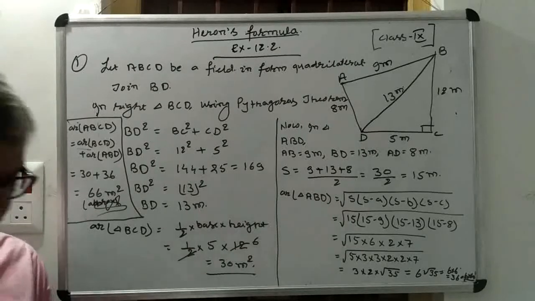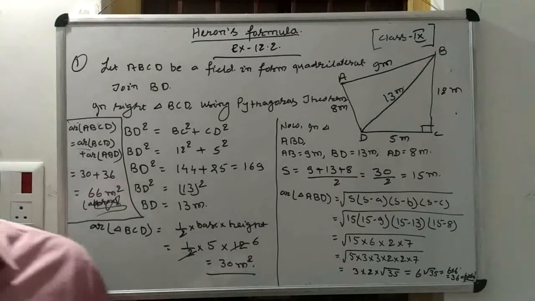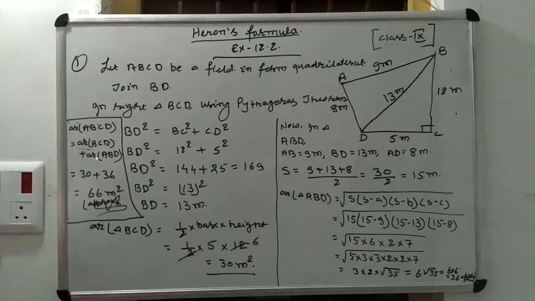So in this way you can solve the area of this quadrilateral. This is the method, children, by which you have to apply it, exercise 12.2, and your answer to question number 1 is 65.5 meter square approx, and it is 66, so it is nearly correct.